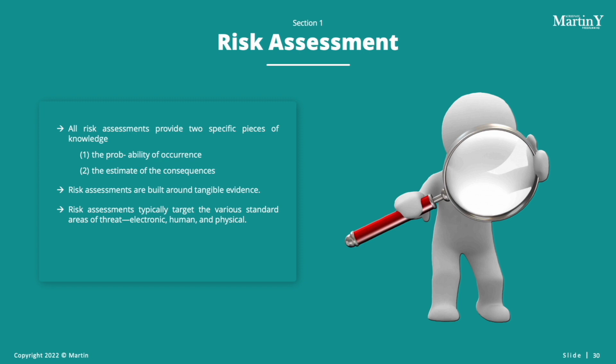What is the certainty of the risk and what is the anticipated impact? The first one means the likelihood of occurrence of a certain risk, while the second one gives you details about the estimate of loss, harm, failure, and so on. So all risk assessments provide two specific pieces of knowledge: the probability of occurrence and the estimate of the consequences, which is basically something that would answer the questions that we already asked.